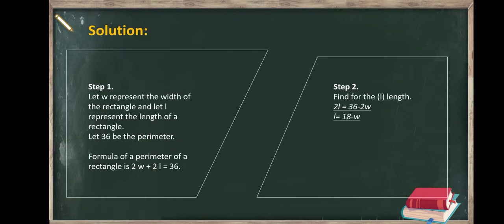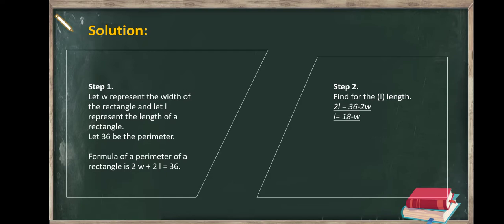In our solution, we will be taking a step-by-step process so we can get our answer. Step 1, let W represent the width of the rectangle and let L represent the length of the rectangle. Let 36 be the perimeter. The formula for the perimeter of a rectangle is 2W plus 2L equals 36.